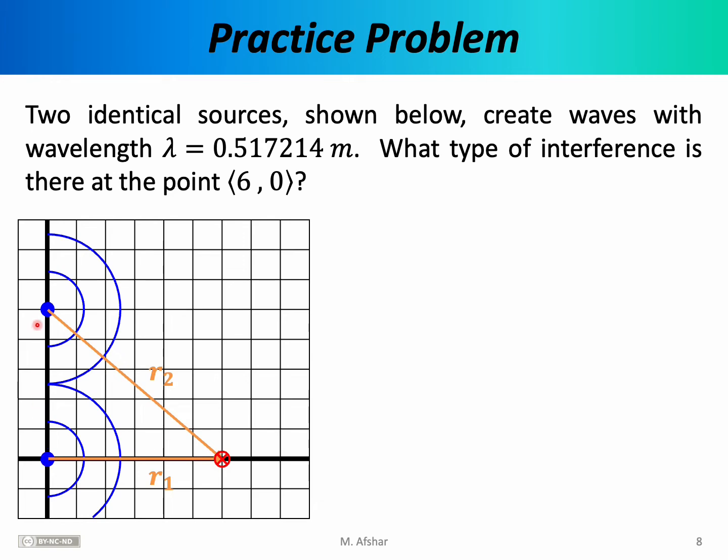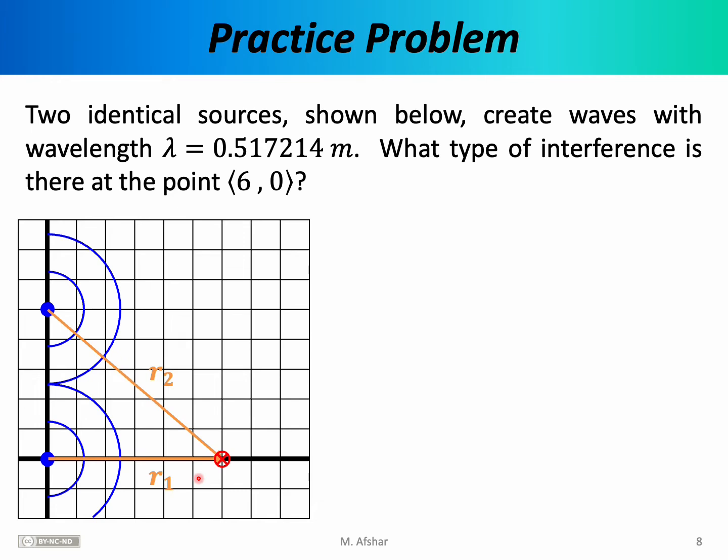For example, you might have two audio speakers simultaneously generating sound waves, and we want to know what a person would hear if the person were standing at coordinates 6, 0. When these two waves arrive at this location, their superposition is going to result in some kind of interference.